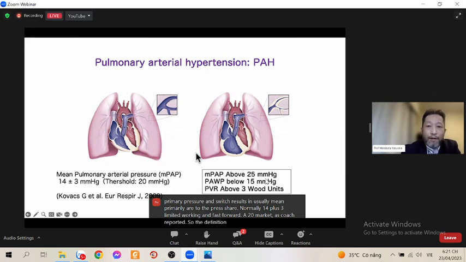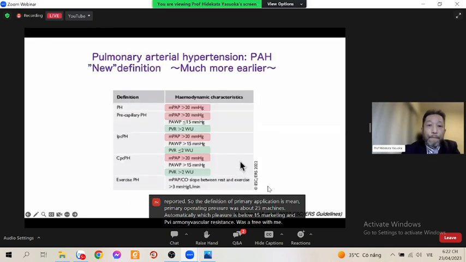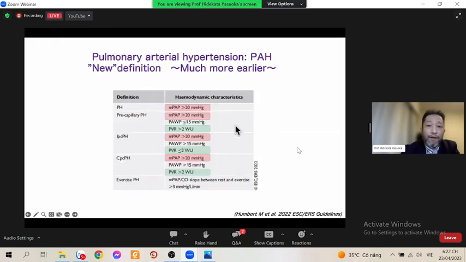The definition of pulmonary arterial hypertension is mean pulmonary artery pressure above 25 millimeters of mercury, pulmonary artery wedge pressure below 15 millimeters of mercury, and PVR, pulmonary vascular resistance, above 3 units. In the new definition, mean pulmonary artery pressure was decreased to 20 and PVR was decreased to 2 units, suggesting that we should detect PAH much earlier than expected.